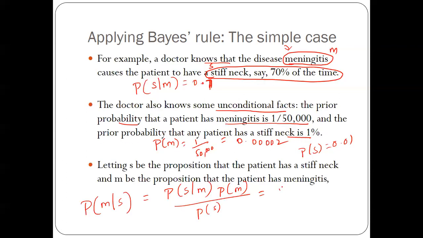So this is 0.7 times the probability of M, which is 0.00002, divided by 0.01.